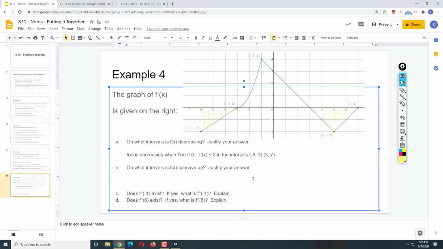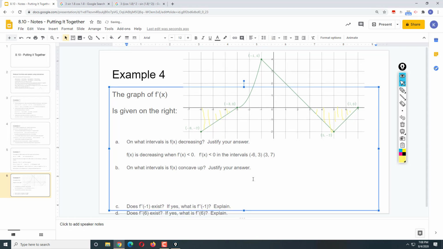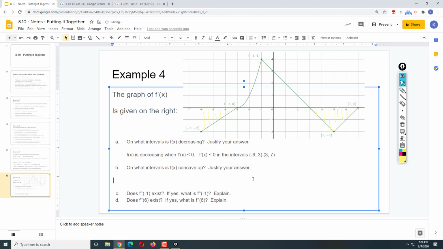B, on what intervals is f of x concave up? Justify your answer. Well, f of x is concave up when the second derivative is positive, and our second derivative is positive when our first derivative is increasing.